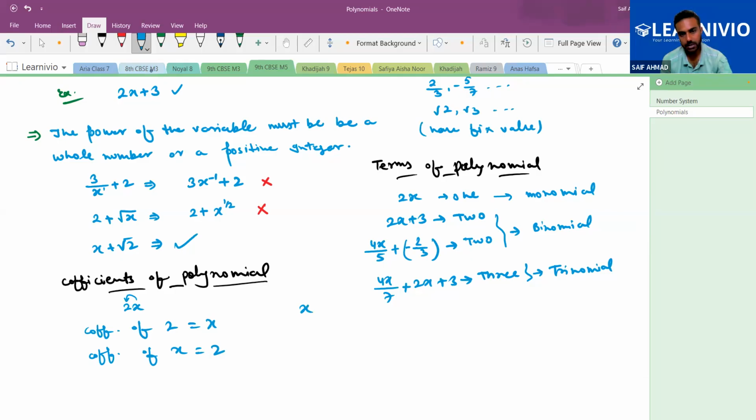If I'm writing x only, what is the coefficient of x, Suleiman? Sir, 1. Yes. And what is the coefficient of 1 here? Zero times x, because one is in the multiplication.